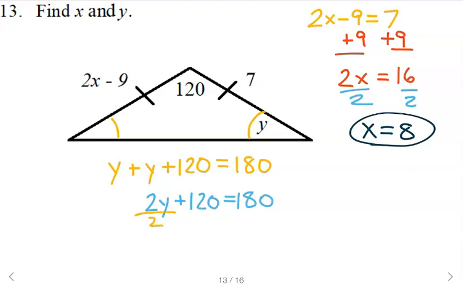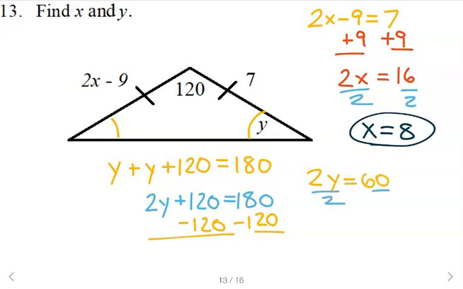Subtract 120 first. And so we have 2y equal to 60, and then divide by 2. So y is 30. We found both x and y. That was our goal here.